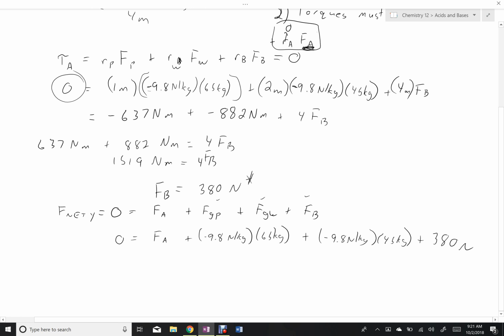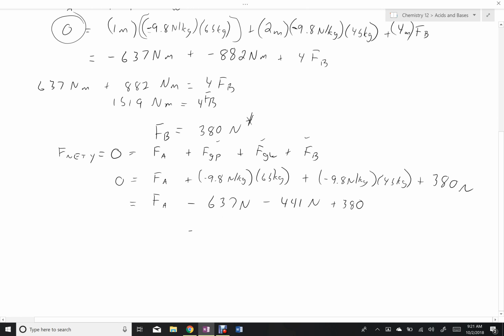Okay, so FA minus 637 newtons minus 9.8 times 45, 441 newtons, plus 380 newtons. 637 plus 441 minus 380 is 698 newtons. So FA is 698 newtons. Okay, so that's using the sum of the forces.